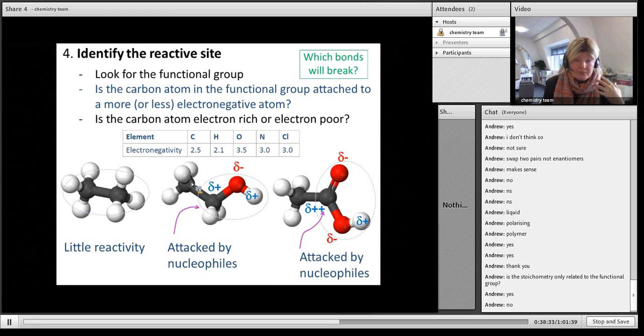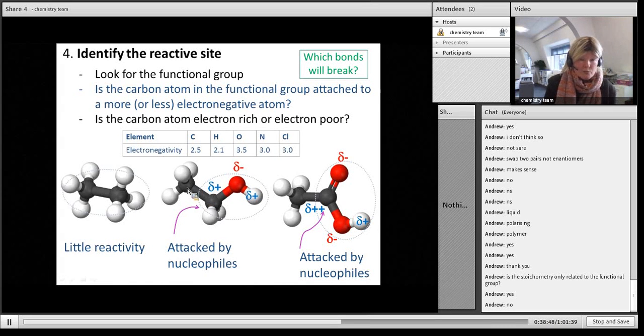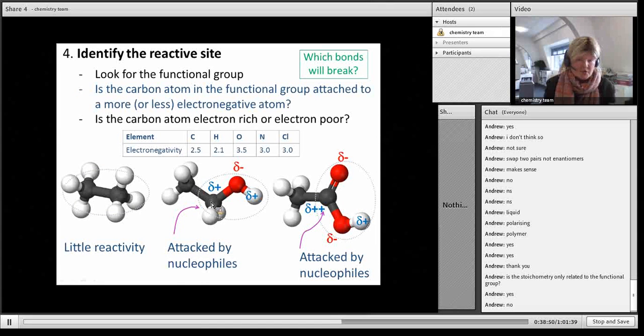So that carbon-carbon bond is not going to break very easily, because if it does break, it's a very strong non-polar bond. An alkyl anion is going to form, which is immediately going to bond back on again because it's so reactive. So the more polar the bond, the more easily it breaks, pretty much.